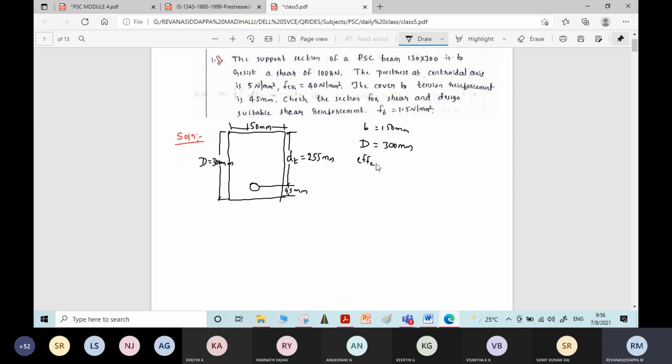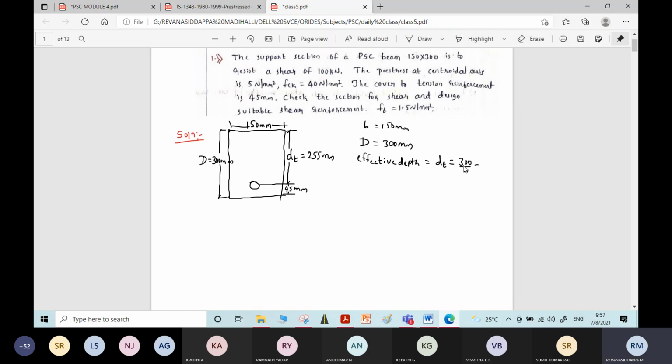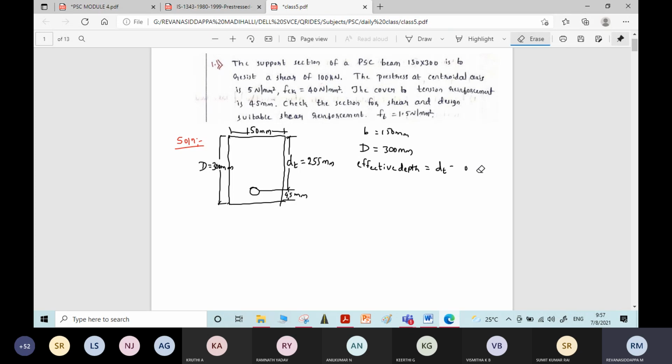Effective depth dt is equal to 300 minus 45, which is equal to 255 mm. Then pre-stress at the centroidal axis is given as 5 Newton per mm square.